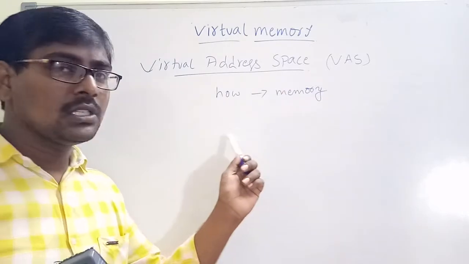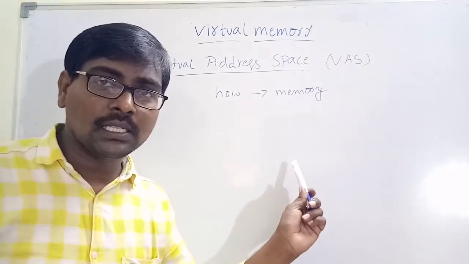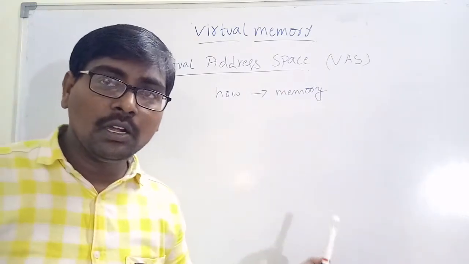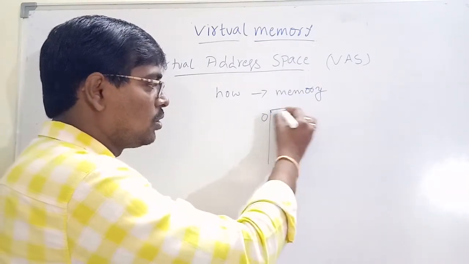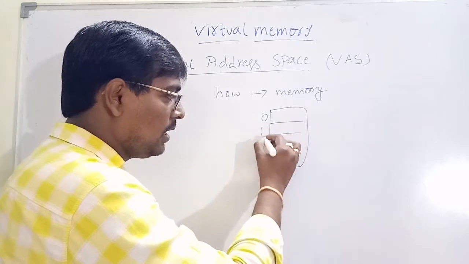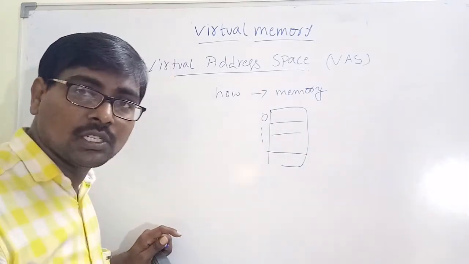Generally, the process is stored at a particular address and in contiguous memory locations. For example, the process is stored starting at location 0 in contiguous memory locations.